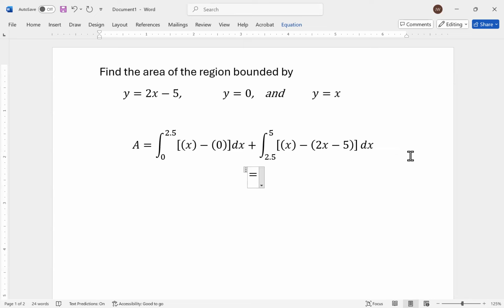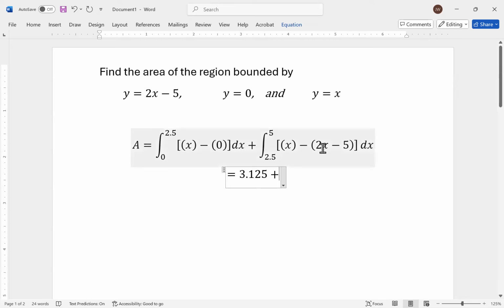So in my first integration, when I integrate from 0 to 2.5 of x minus 0, this one's easy to simplify if you want, just leave off the minus 0. I get 3.125. And then in my second integration, I'm going to integrate from 2.5 up to 5. We're going to take x minus the quantity 2x minus 5.